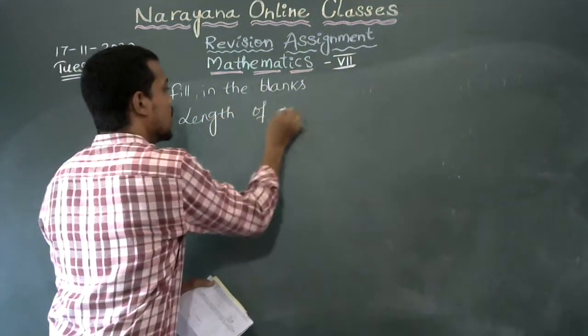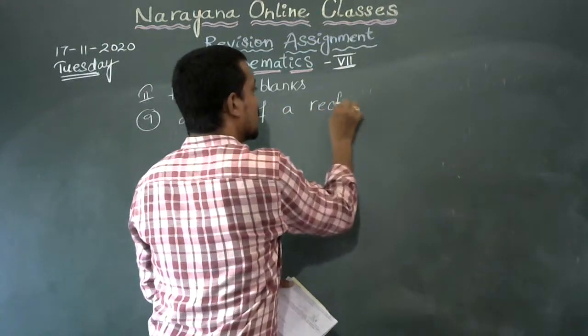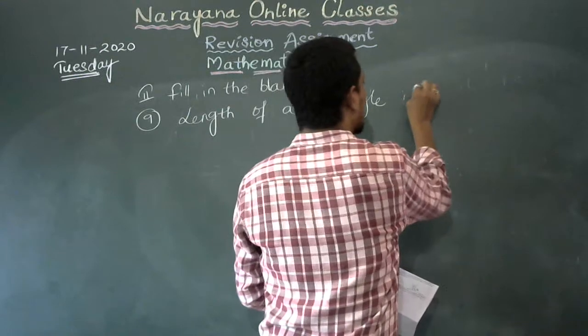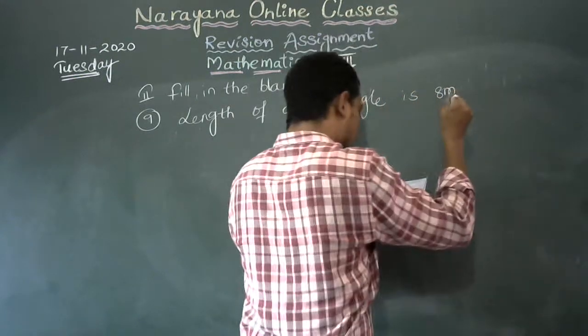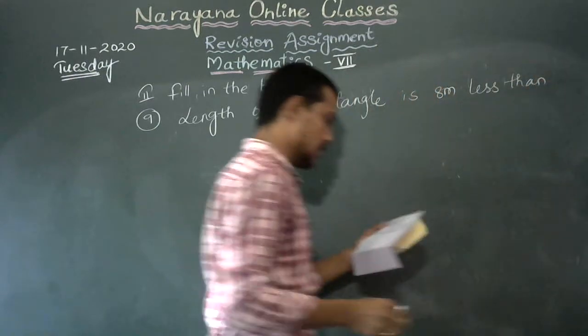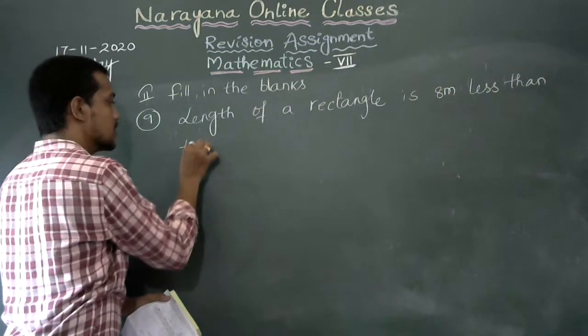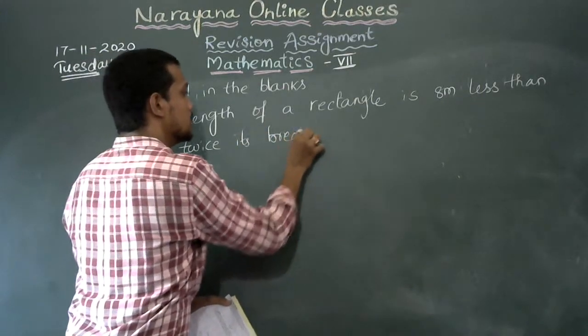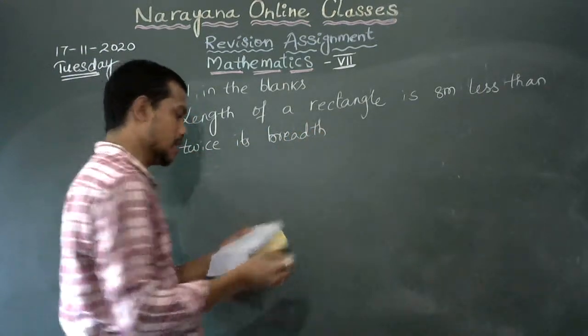Length of a rectangle is 8 meters less than twice its breadth.